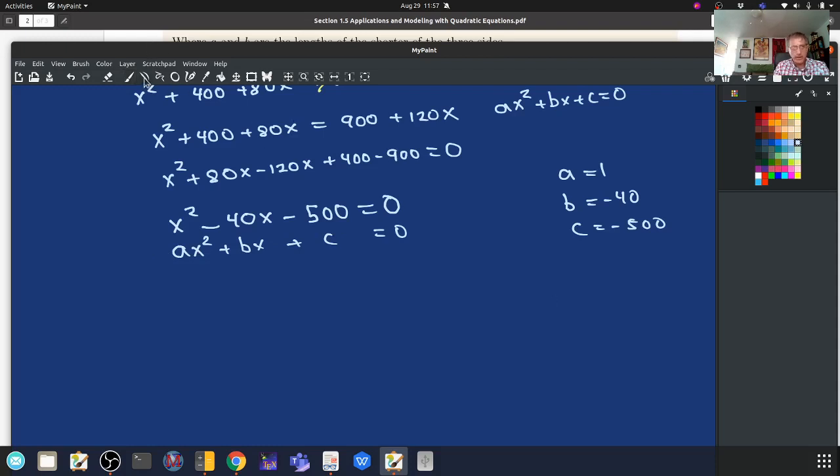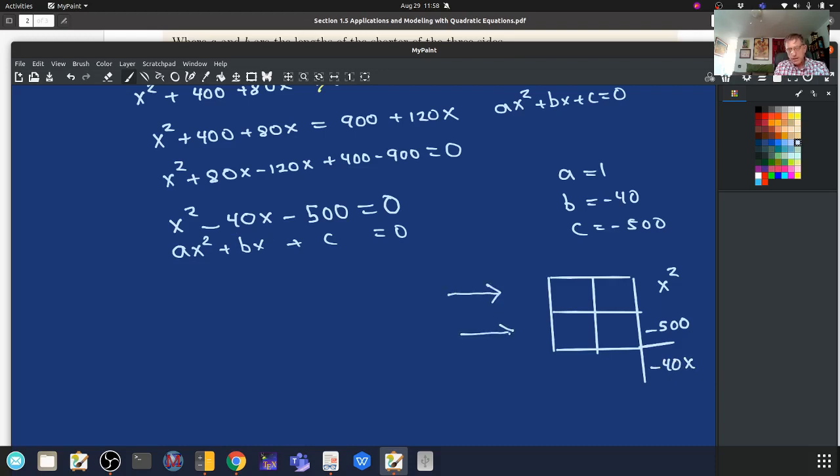So let's do it the right way. So let me draw my box here. Again, if you all have a different way to factor, you can do it. At the top here, I put my x squared, my first degree 2 term. Then I skip and put my minus 500, which is my constant term, and then I go back to the middle and put my minus 40x term at the bottom. So now what I want is pretty simple.